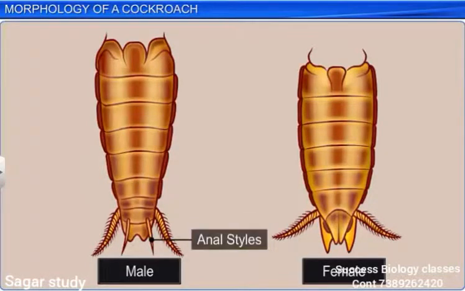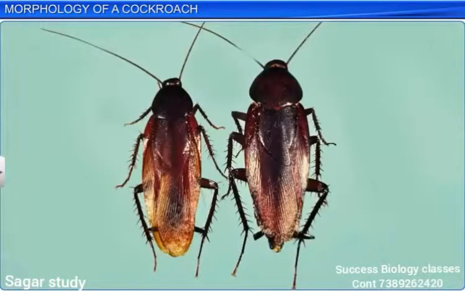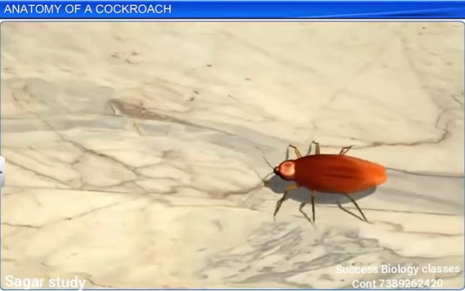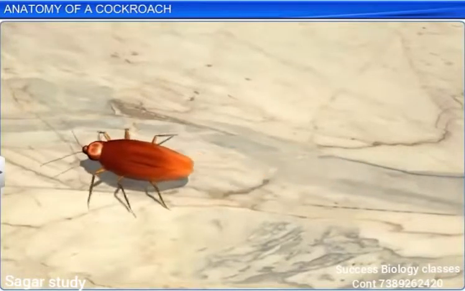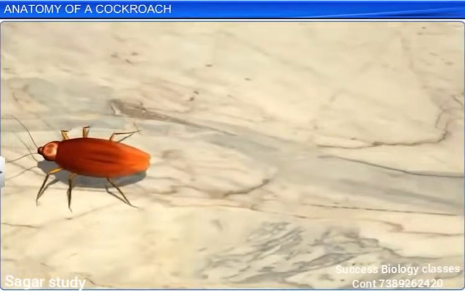These features help distinguish between a male and a female cockroach. Thus, the morphological study of a cockroach includes features such as its color, shape, size, and external organs. Although a cockroach may look like a simple small insect, anatomically it is quite complex.